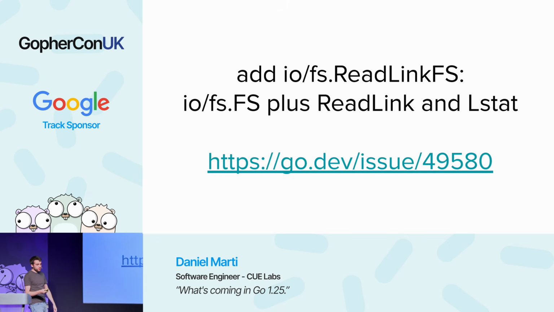But it doesn't have support for symlinks, because symlinks don't exist on all operating systems and file systems, right? But now there's a new ReadLinkFS interface that extends io/fs with two methods. ReadLink, meaning take the symlink and tell me what it points to, and Lstat, which is like stat to get the information about a file, but without following symlinks.